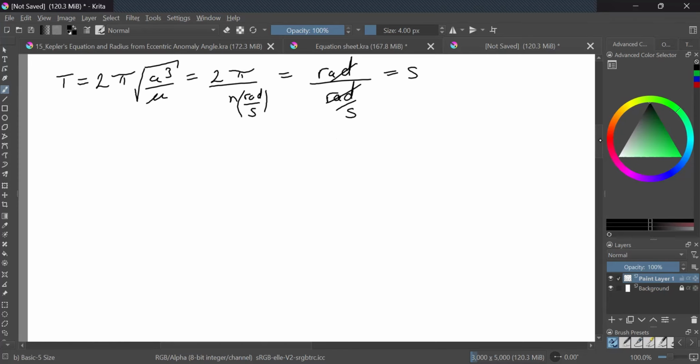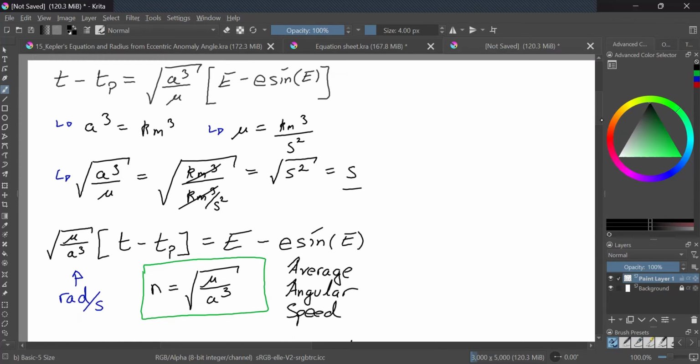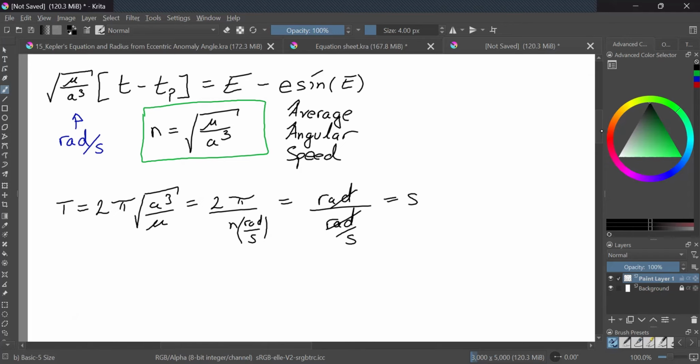Let's actually return back to here now. I did not need to scroll down. So we have a term of radians over here. We have a term of radians over here.